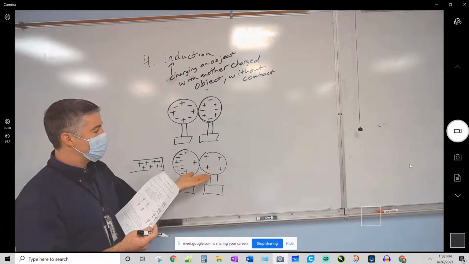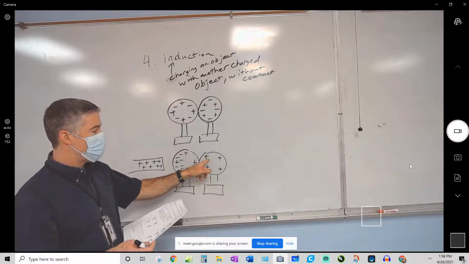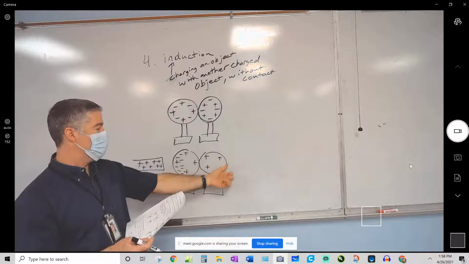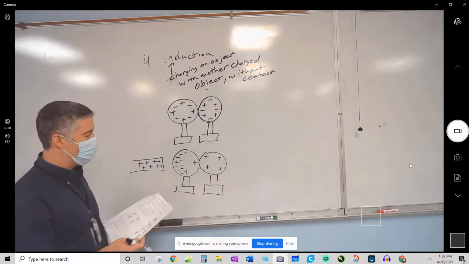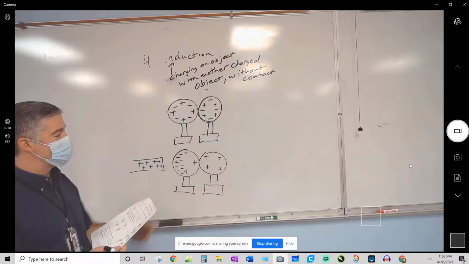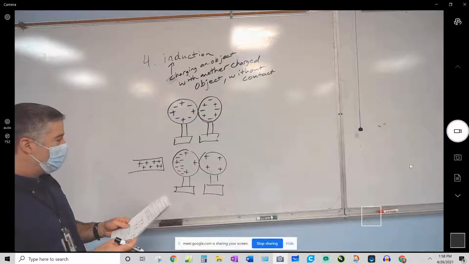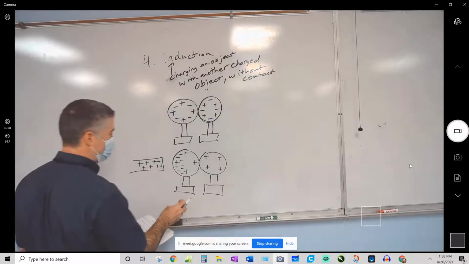Just like what I have in the diagram, except this is more realistic, because it's not like the protons can all go over here and the electrons can all go over there. But this side has become strongly positive and this side has become strongly negative. Does that make sense?